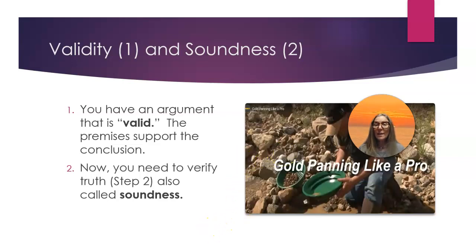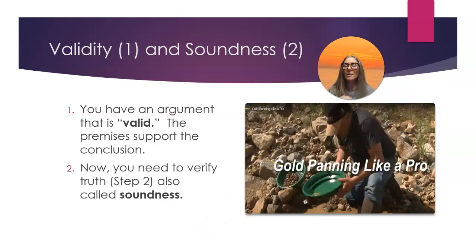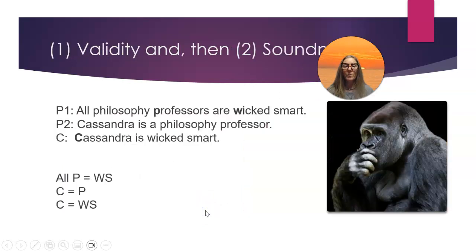Think of validity and soundness kind of like that sponge and panning, but mainly the panning. Once we found out that something is valid, that we should think more about it, we have to go further to verify truth. That's called soundness, like gold panning. We have to dig deeper. We have to sort through stuff to figure out if premises are true or false.